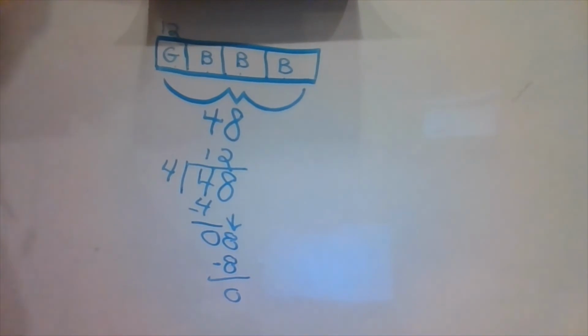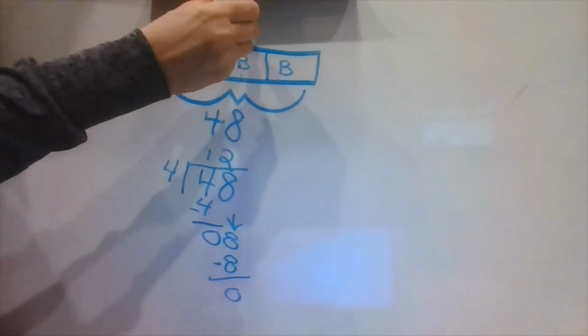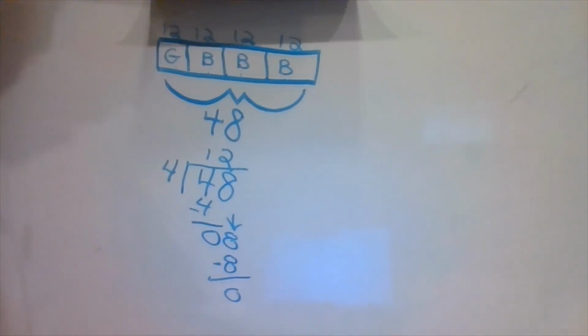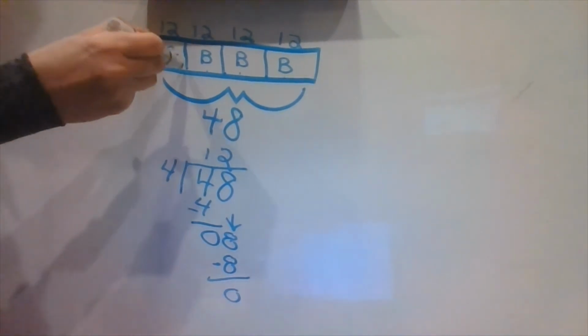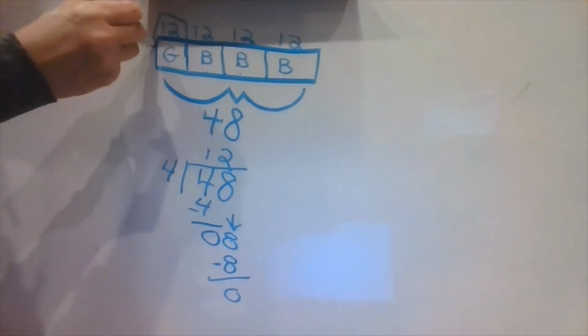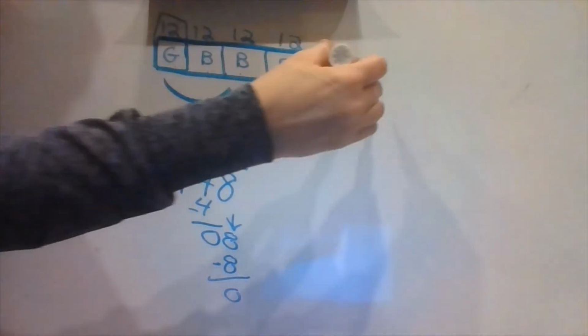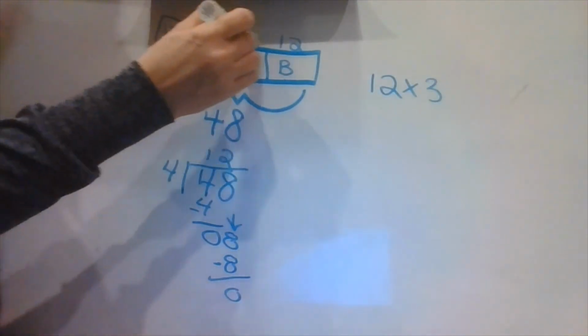1/4 of 48 is 12, so every box is worth 12. If you add up 12 four times, that is indeed 48. If one of the fourths is girls, that's 12. Then 12 times 3 is the boys.